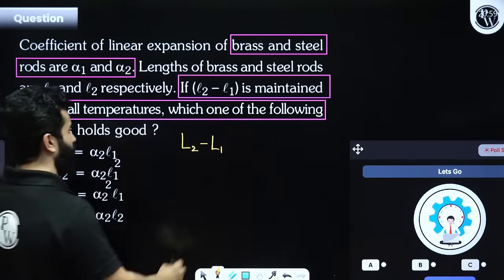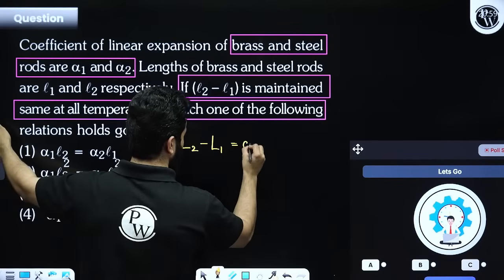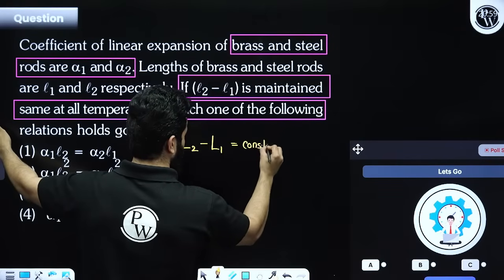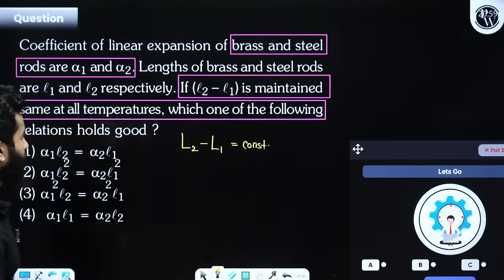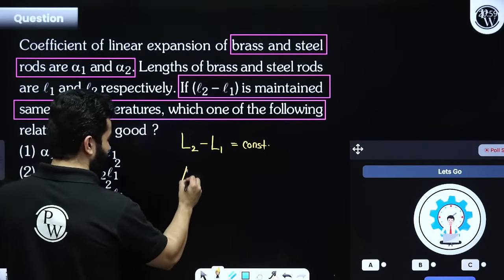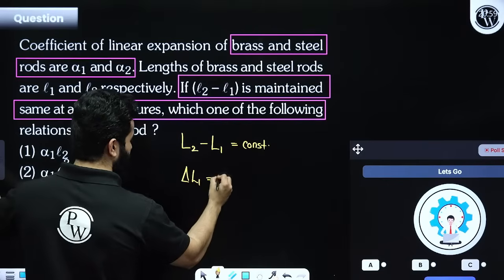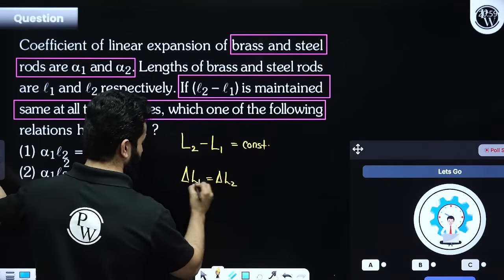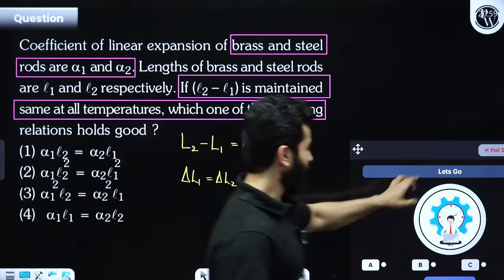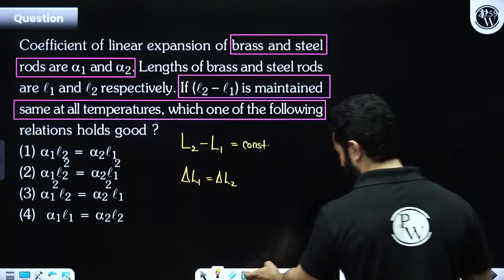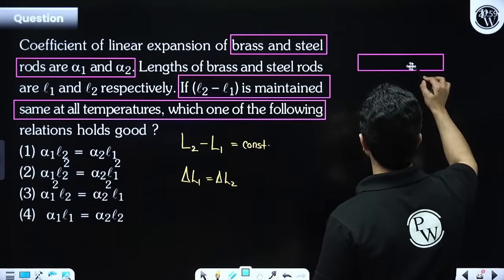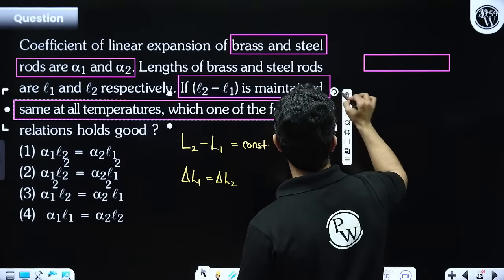That means L2 minus L1 is constant. Right? It is maintained same at all temperatures. This means that delta L1 is equal to delta L2. Please understand what they are trying to say. They are saying that if we have a rod of, let me remove all of these things, you will get confused.